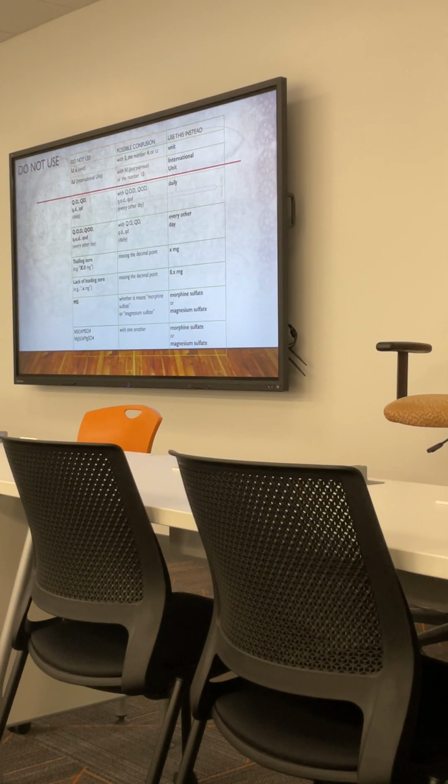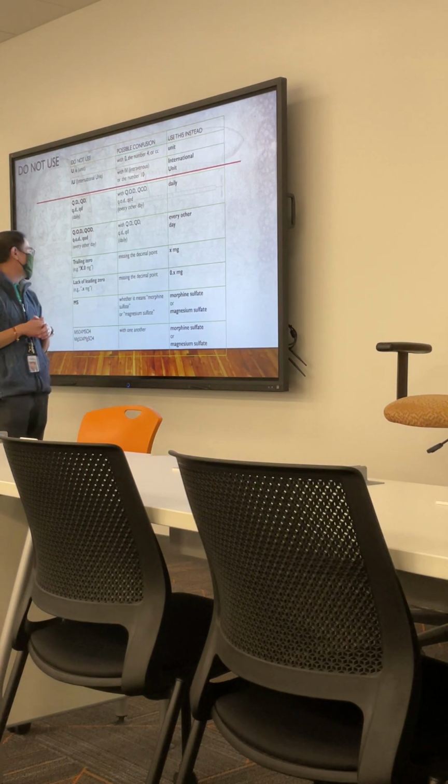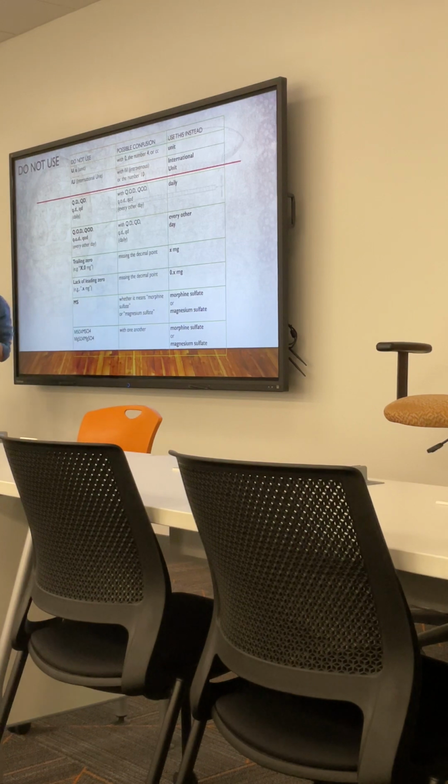You can't write Na. It has to be sodium, potassium, magnesium, calcium. They all have to be spelled out, okay? Any question? Alright, very good. So don't forget abbreviations, okay guys?